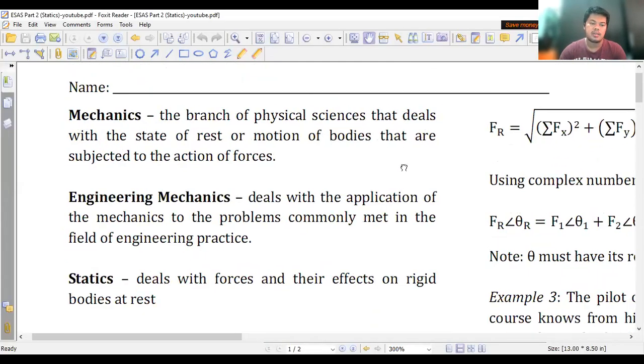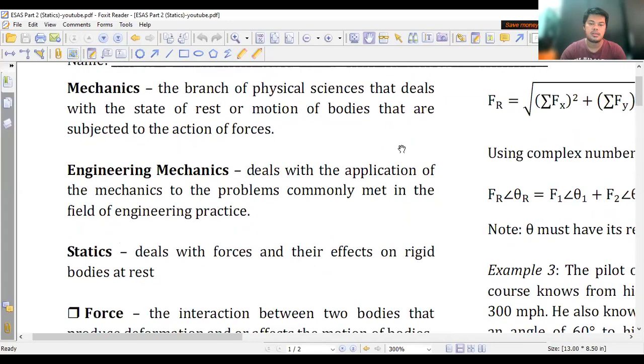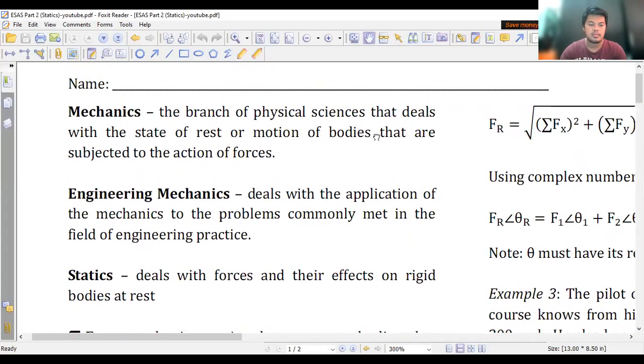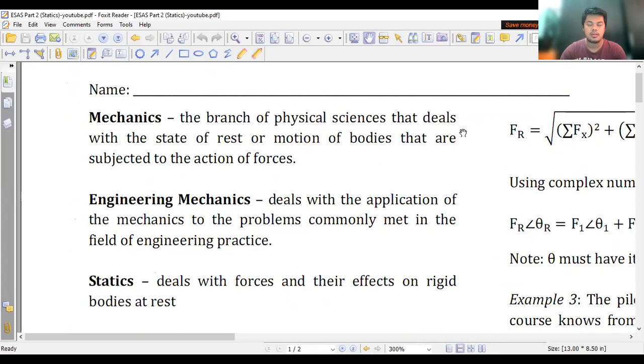So we have here on the screen some of the terms that need to be defined before we start solving problems under engineering mechanics, particularly the statics part.